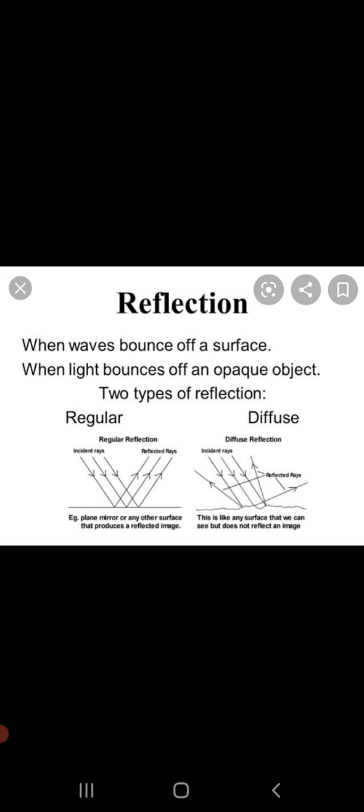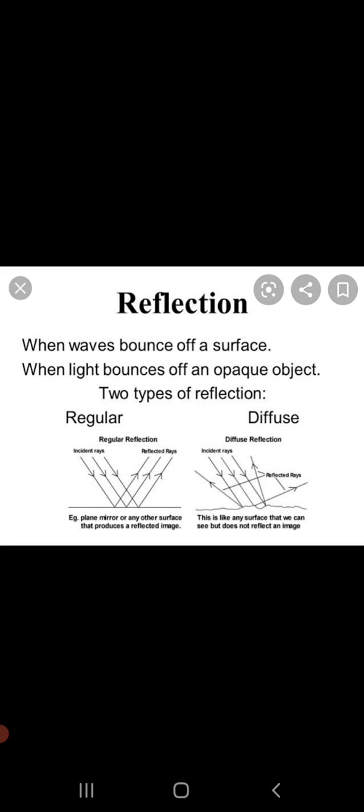This kind of reflection can be seen from polished surfaces. For example, when your mother brings a new stainless steel plate, you can very clearly see your image in it. So that is actually a surface which is showing regular reflection and your image so formed is clear.